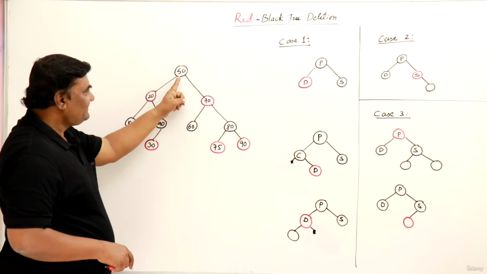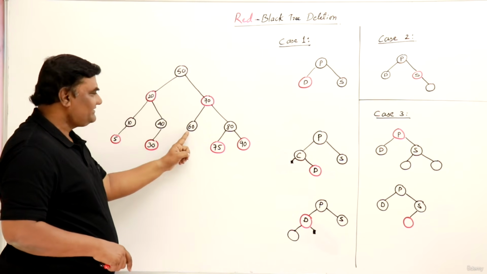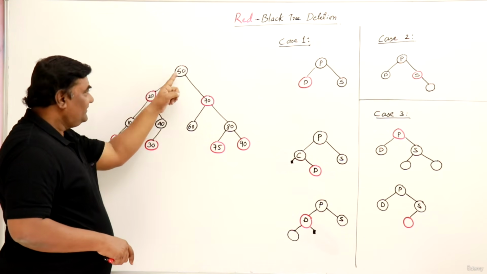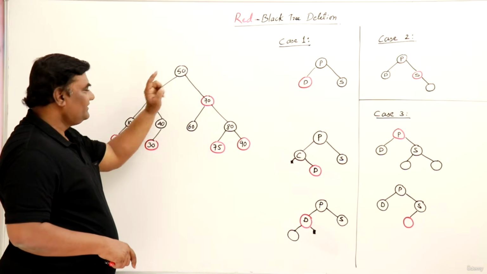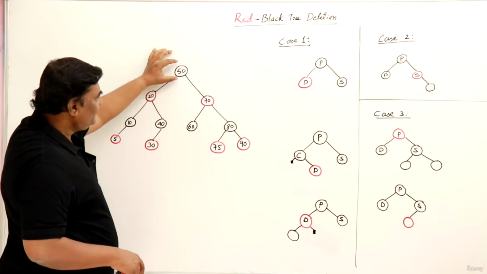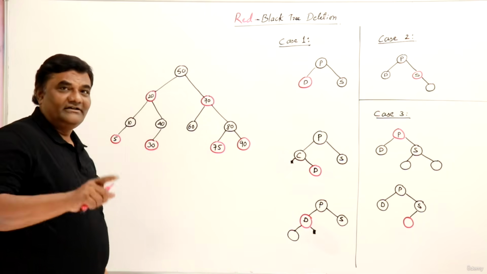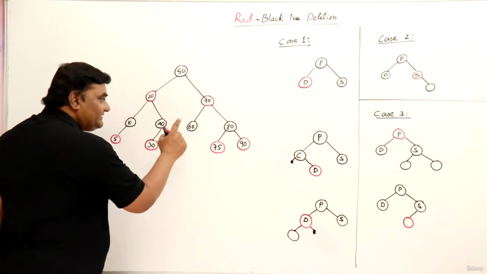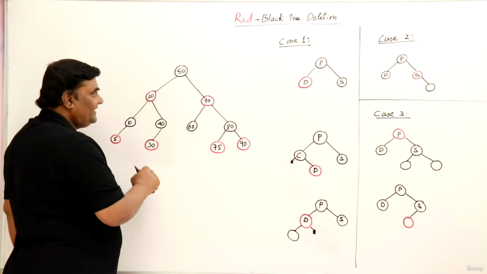Or else the in-order successor, who will come after 50? 60 will come. So either 40 will go in its place or 60 will go to its place. So 40 goes to its place and we will delete 40, or 60 goes to its place and we will delete 60. Now if you observe in this example, 60 is a leaf node.